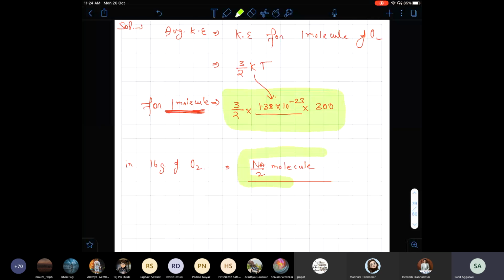For Na by 2 molecules, you will multiply with this Na by 2, and you will get your answer. So 3 by 2 into 1.38 into 10 to the power minus 23 into 300 into Na by 2. That will be your answer.